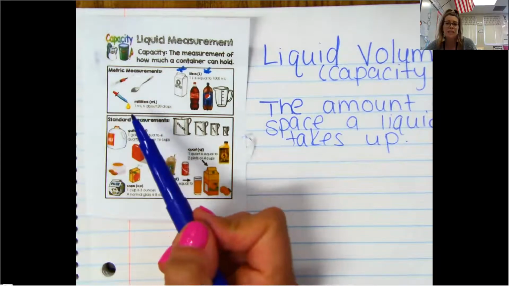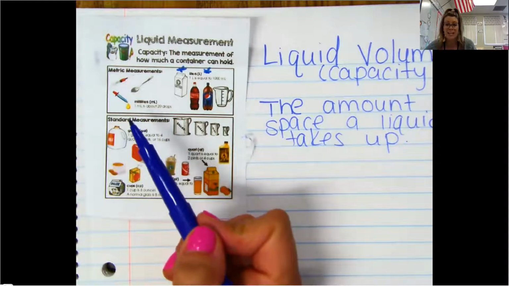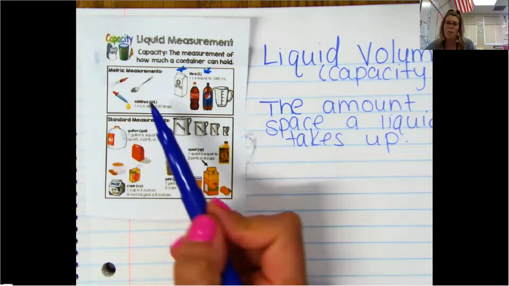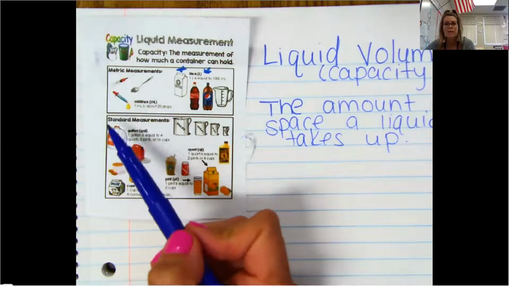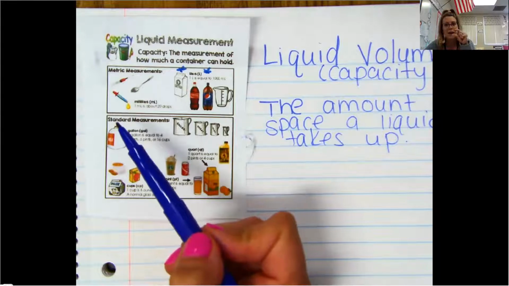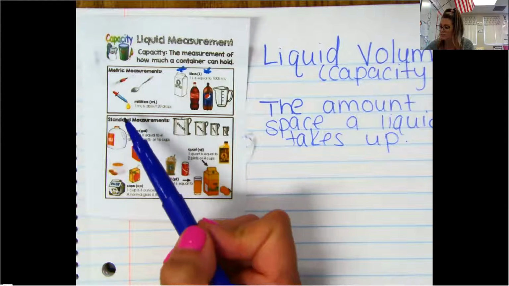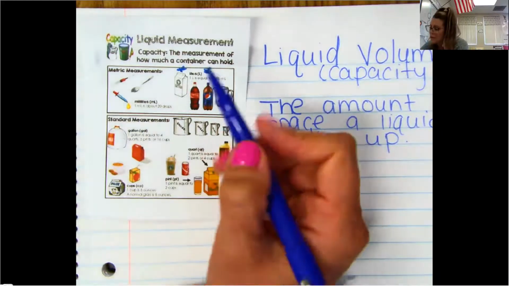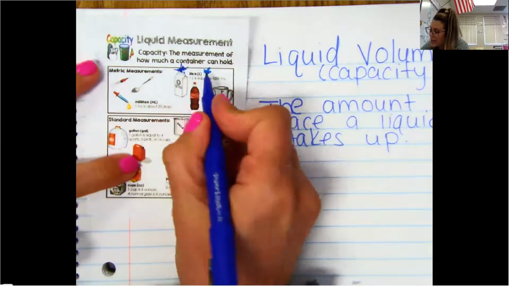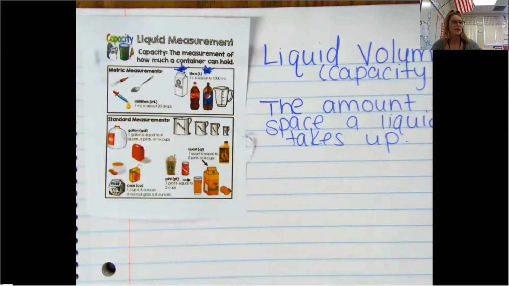So if you were ever sick, maybe had a fever, and mom or dad had to give you Tylenol or Advil, they would probably have done it in one of those little medicine cups, which is measured in milliliters, or maybe even one of those syringes, okay? The big one that we're going to talk about today is liters. And liters are about the size of 2 water bottles, or this water bottle is exactly 1 liter.